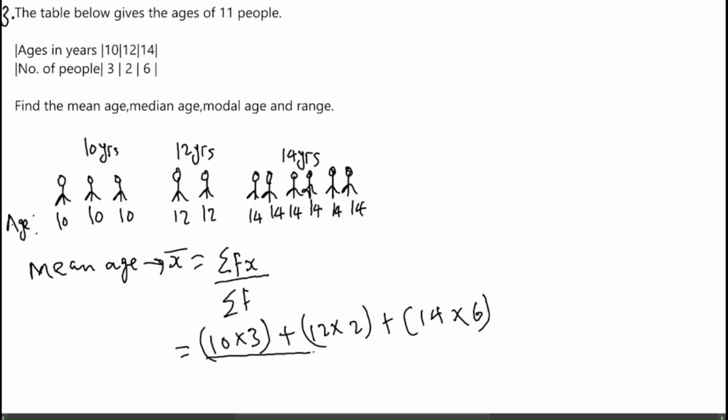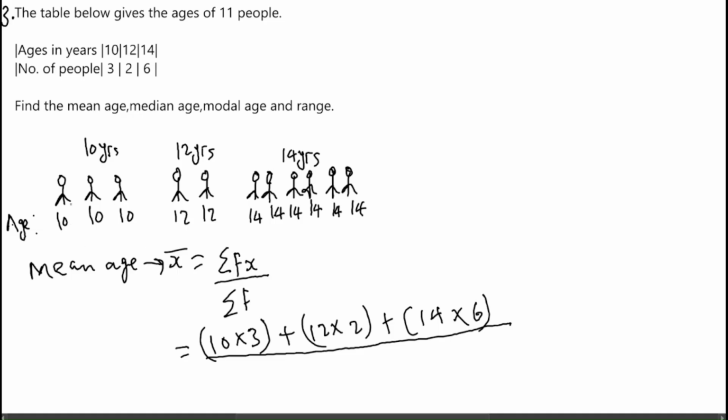Divide by, now, as we've been seeing, it's going to be like counting the whole things to get your n. Like 1, 2, 3, 4, 5, 6, 7, 8, 9, 10, and 11. Then we divide it by 11. But because we are dealing with frequency table, you are seeing summation of f rather than n, but they are still equal to each other. Let's see how. What this summation of f means simply means add all the frequency together.